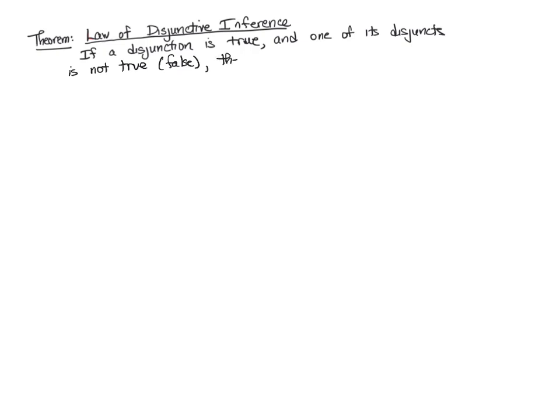And it says that if a disjunction is true, and one of its disjuncts is not true, or false, then the other disjunct must be true.